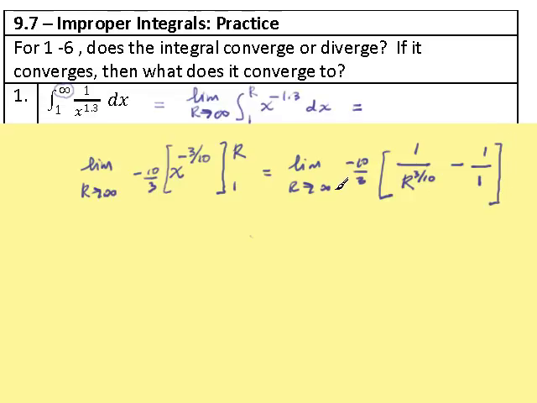Now when we take the limit as r goes to infinity, this fraction is going to 0 because the denominator is going to infinity. So this integral is equal to minus 10/3 times minus 1, or 10/3. All right, so we have a finite number, so we say it converges.